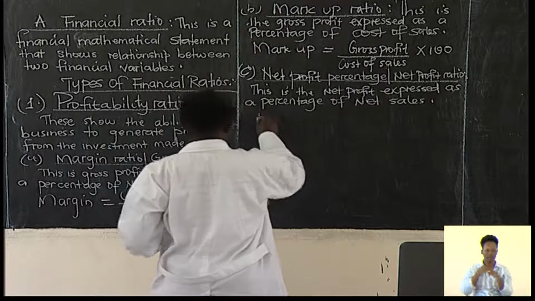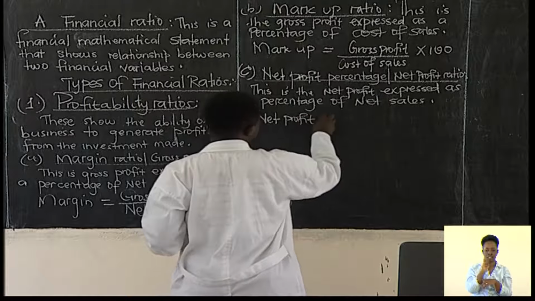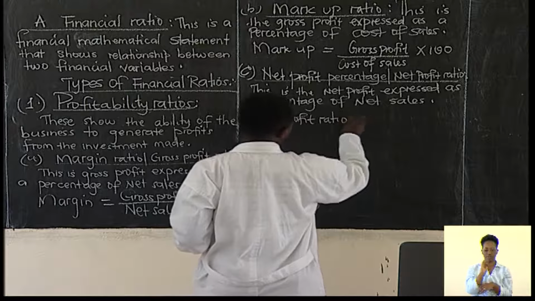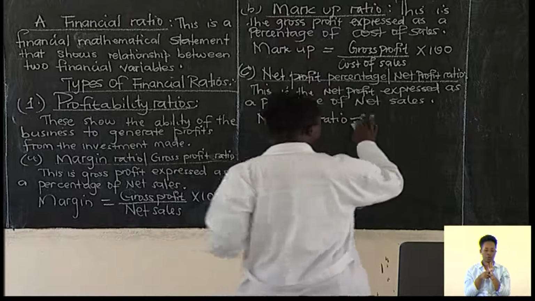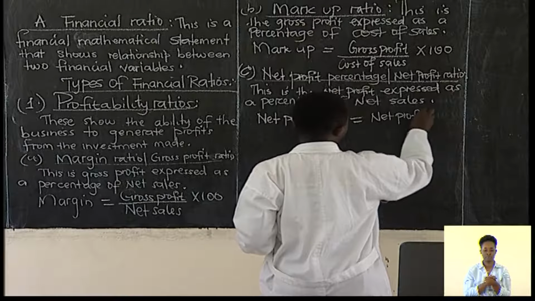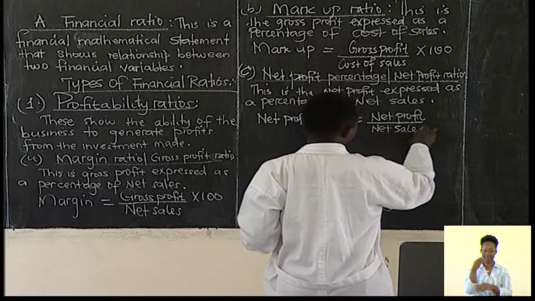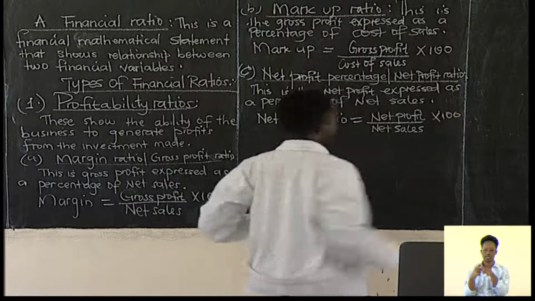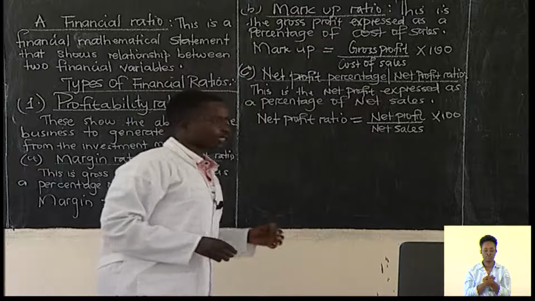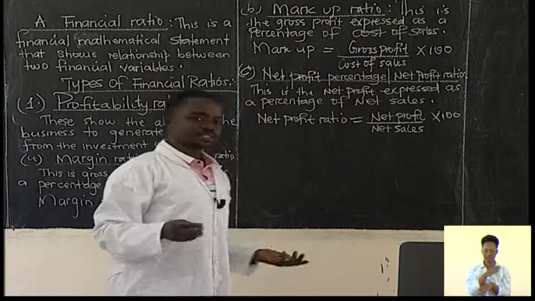And therefore, here, how do you get this? The net profit ratio will be equal to net profit, you divide by net sales, then you multiply by 100. In this case, you'll be able to get the net profit ratio. What will be the interpretation?